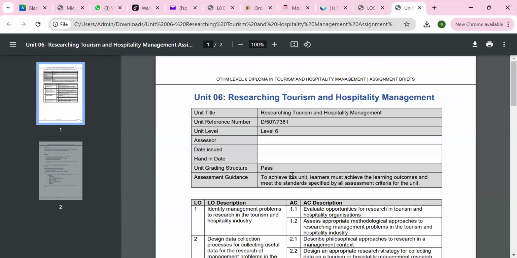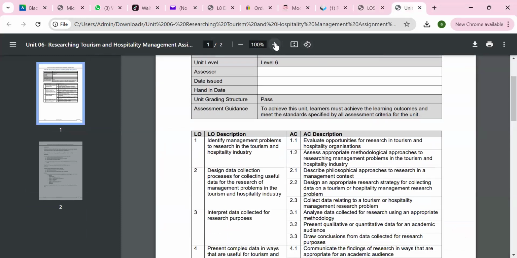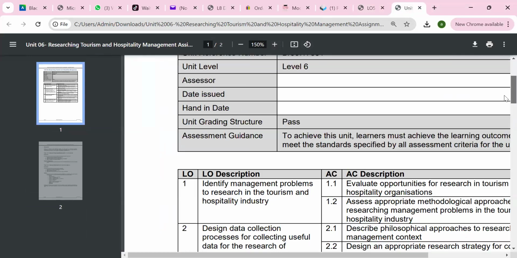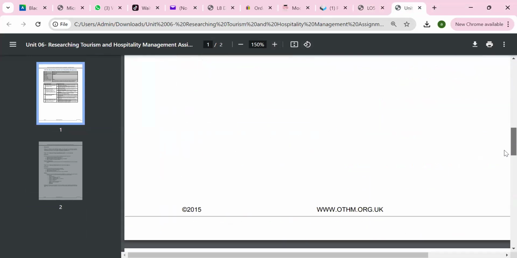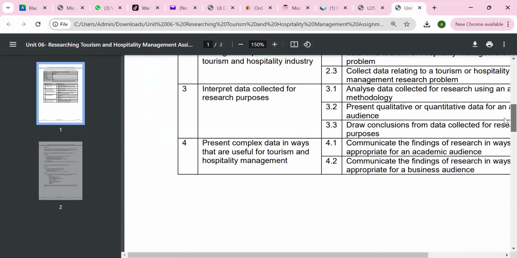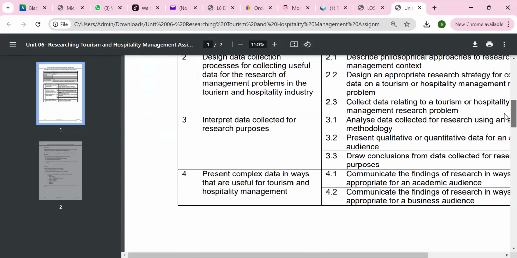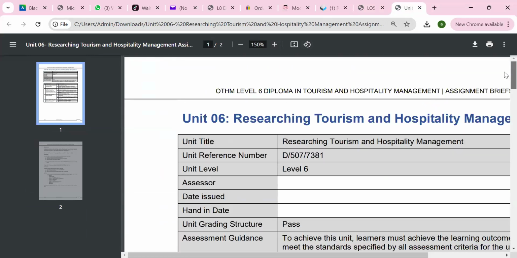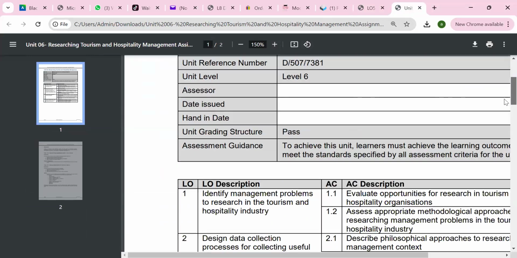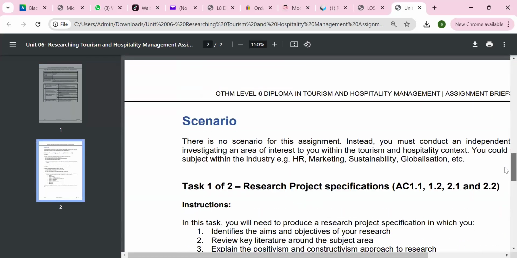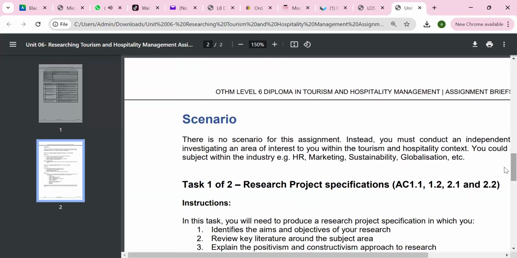Okay, guys, let's look at the assignment brief, what we are supposed to achieve, and how we can address these learning outcomes which we already learned during our lessons. We had all these lessons, and the data we conducted research on was hospitality and tourism. There is no scenario for this assignment.